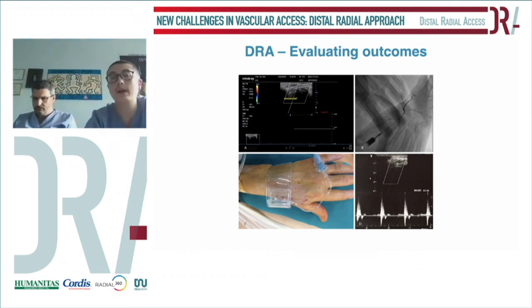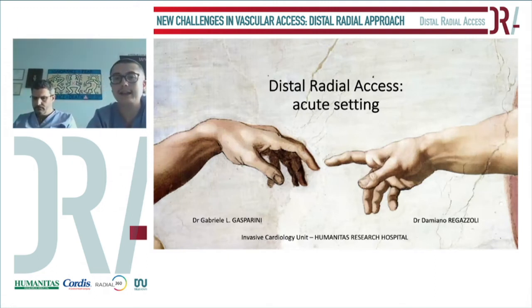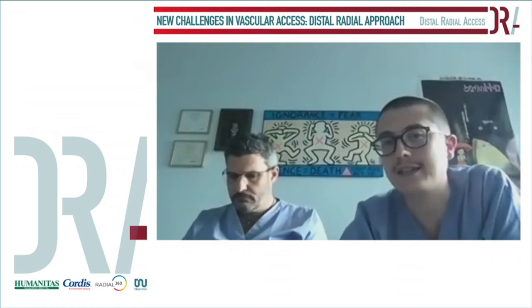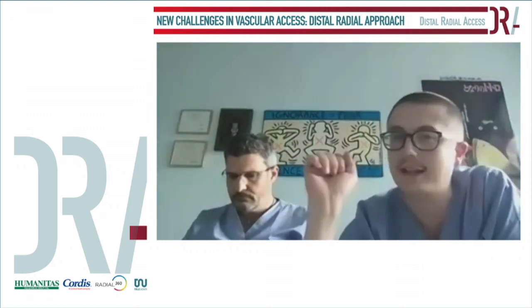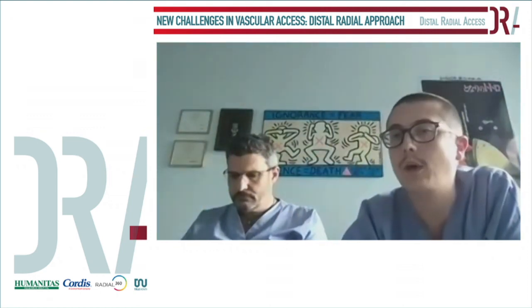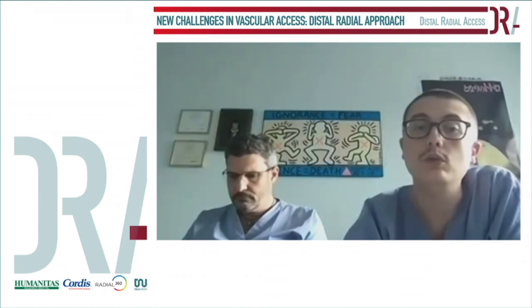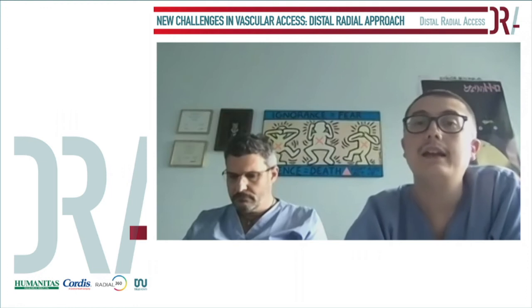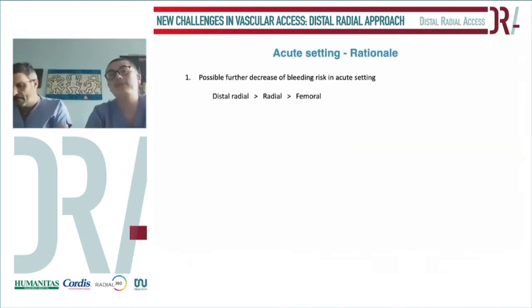And the first one is the acute setting. In fact, we already have a good access for the acute setting, that is the conventional radial artery, but why not move to distal radial artery? There are a couple of good advantages of distal during acute settings.